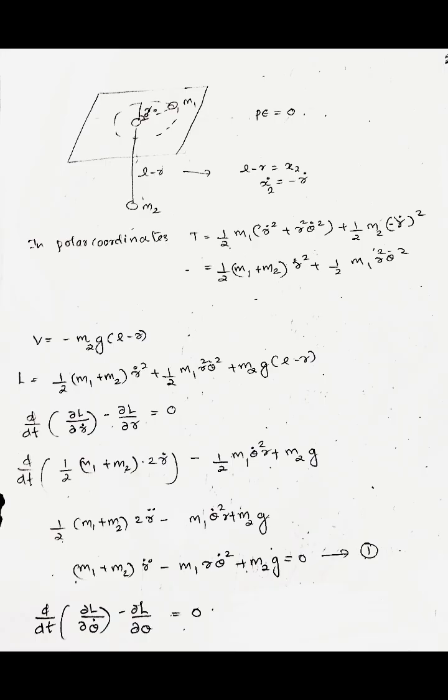And we can also write the equation of motion in terms of theta, because theta is also a generalized coordinate here, that is d by dt of dou L by dou theta dot minus dou L by dou theta is equal to 0. So that d by dt of m1 r square theta dot is equal to 0, that is m1 r square theta dot is equal to a constant. This is equation number 2. At r equal to r0, theta dot is equal to omega, that is r double dot is equal to 0, because r is a fixed quantity.